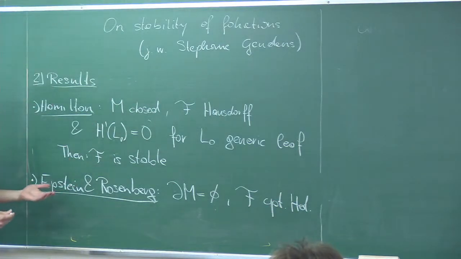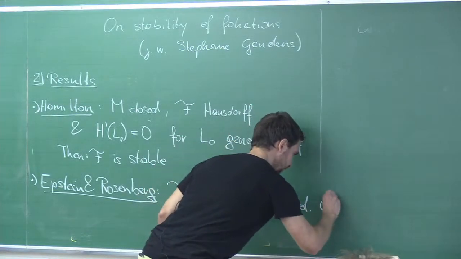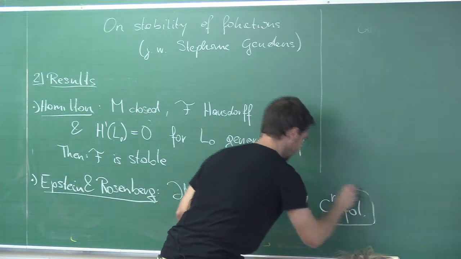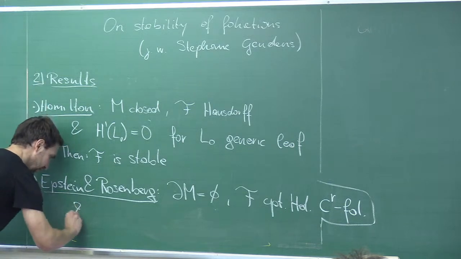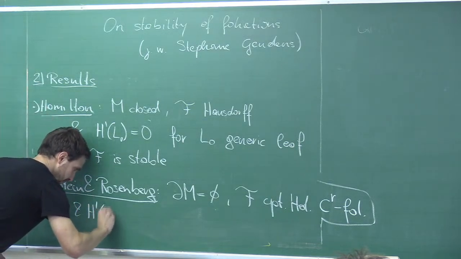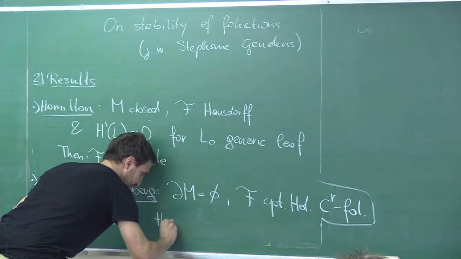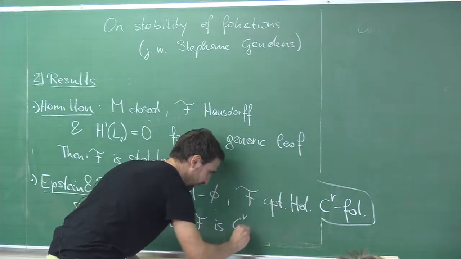And their statement is: compact Hausdorff CR foliation. So they treat the CR case for R bigger or equal than 2, I think. Okay, so bigger or equal to 2. And the similar assumption, then F is CR stable.